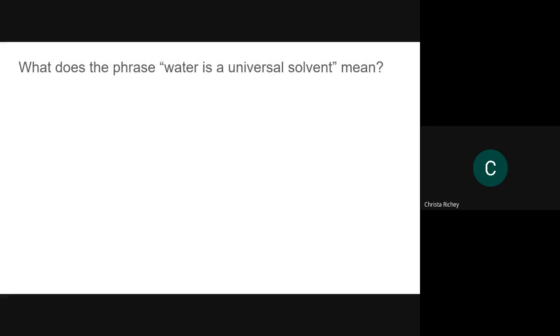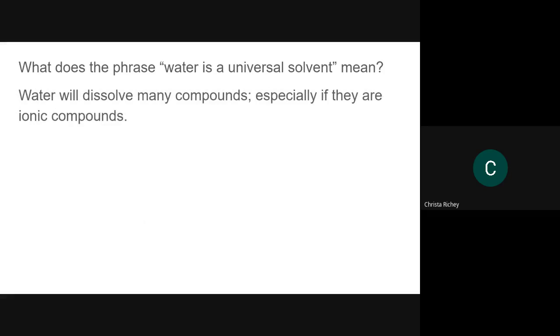Water is known as the universal solvent. You need to know why. It's a little bit more complicated than what I put up on here, but the fact that water is a polar molecule, it's got those hydrogen bonds. If I draw the water molecule up here, which I know you can't see, it looks like this. You have slightly positives where the hydrogens are, and you have slightly negatives where the oxygen is.